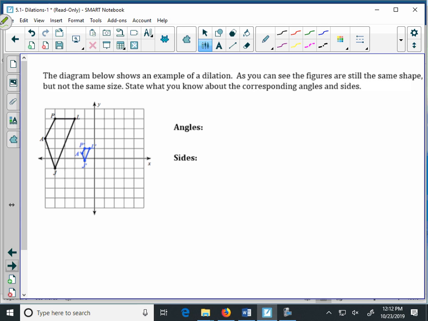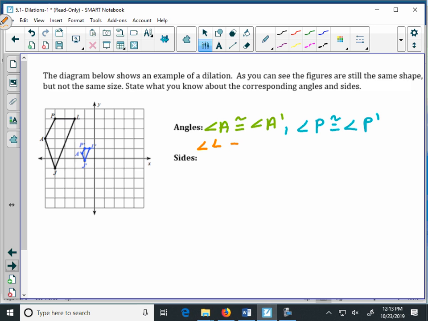When we do a dilation, do the angles change? No, the angles stay the same. Angle A is congruent to its corresponding angle, A prime. Angle P is congruent to its corresponding angle, P prime.